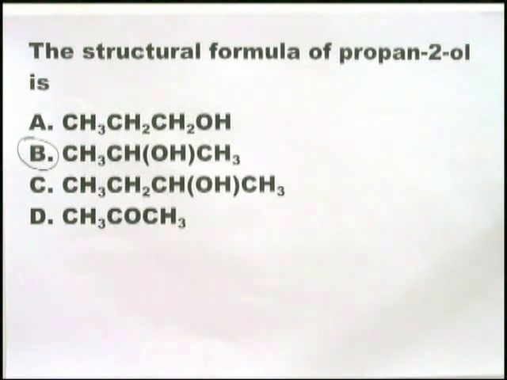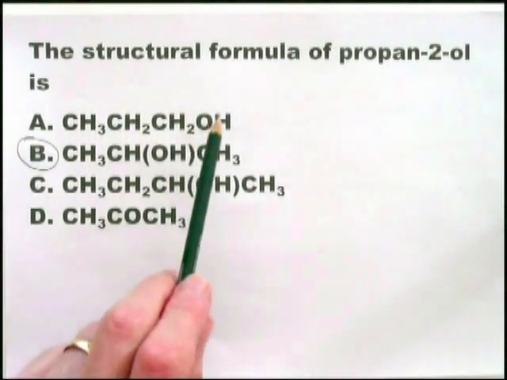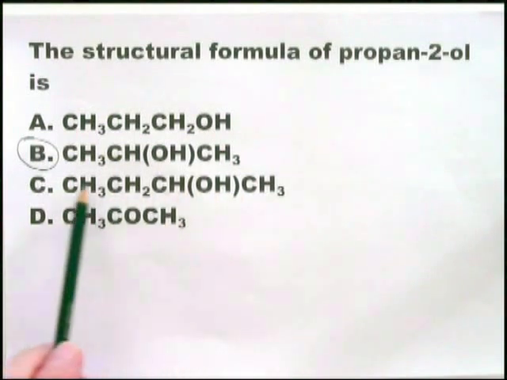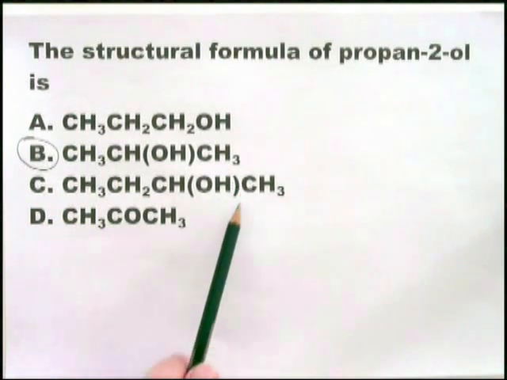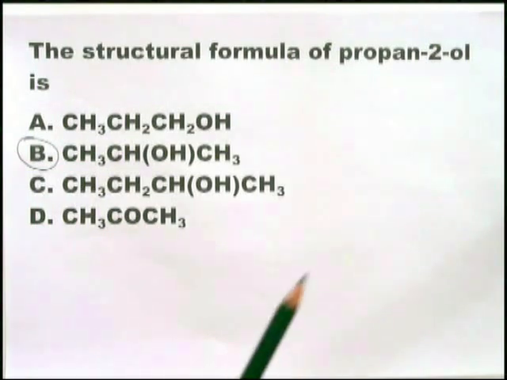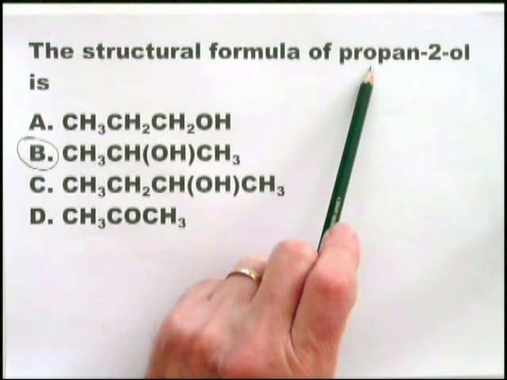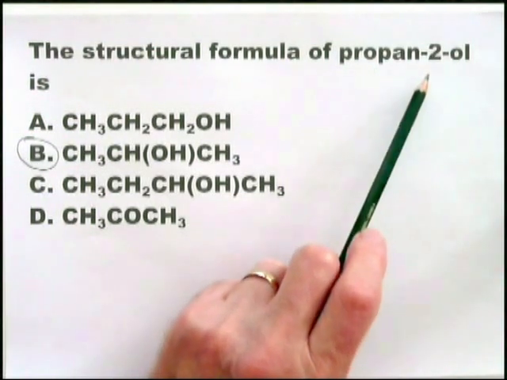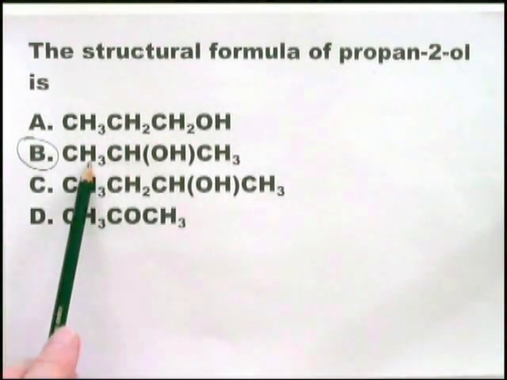And then you can check. It's not that, because that's 1-ol. It's not this, because this is butan-2-ol. And it's not this, because it's a ketone. So by thinking about the propan, that it's 3 carbons, and the ol is on the middle carbon, you can immediately see that.